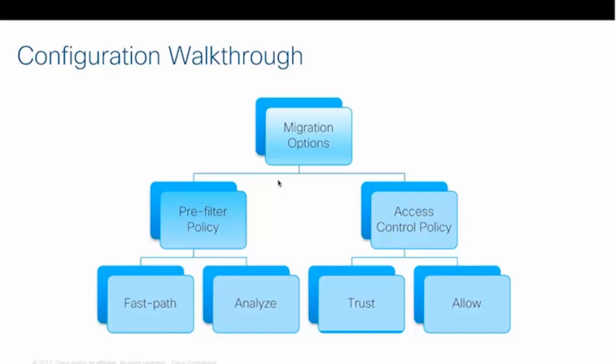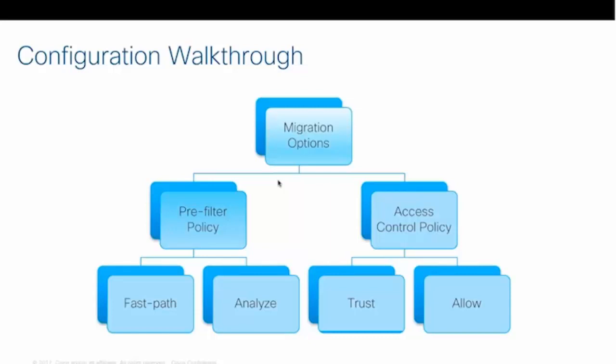Pre-filter policy is like the first phase of inspection before traffic is inspected by the much deeper, more resource-utilizing inspection by the access control policy, such as file inspection or intrusion inspection, etc. So we basically use pre-filter policy if we want to exclude or bypass any specific traffic from this overutilization of inspection by the access control policy.